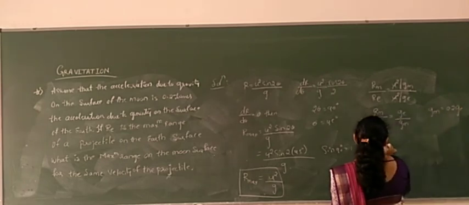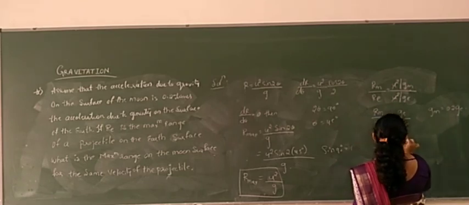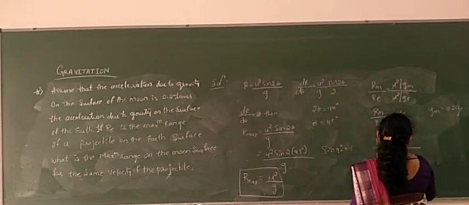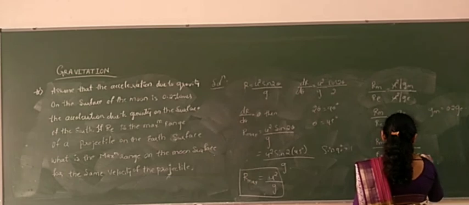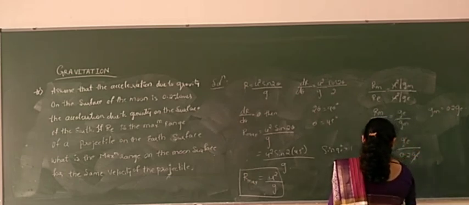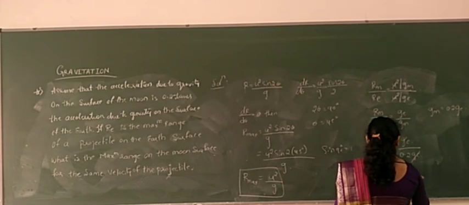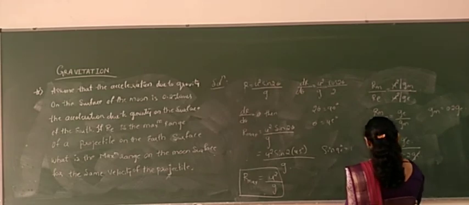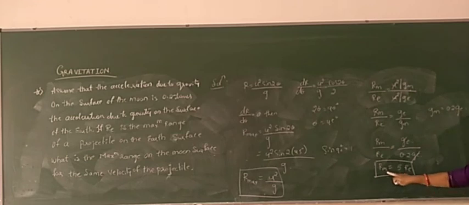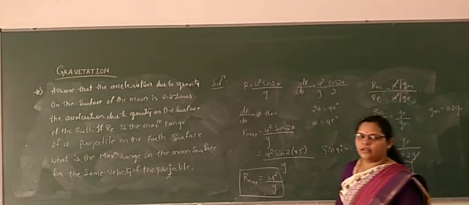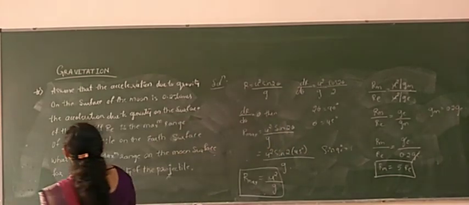So the ratio Rm by Re is equal to Ge by 0.2 Ge. Both will cancel, so Rm is equal to 1 by 0.2, that is 5 times Re. So the maximum range of the projectile on the moon is 5 times the maximum range on the earth. So that is the solution of the given question.